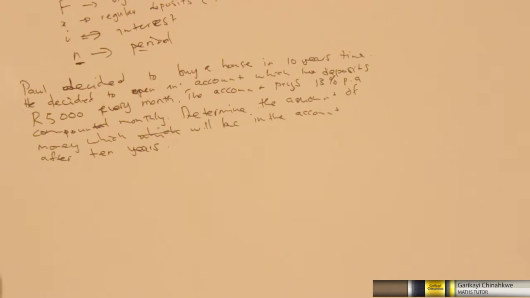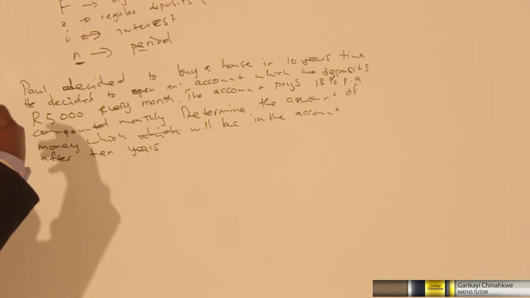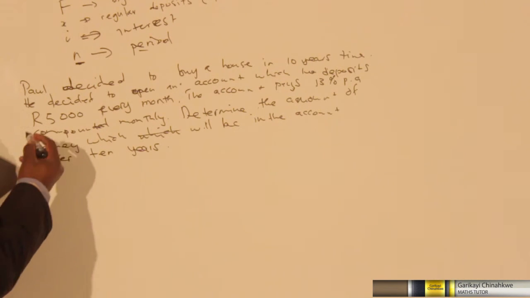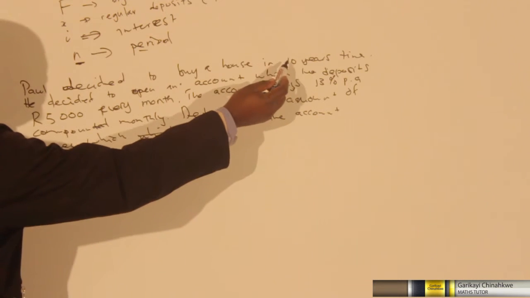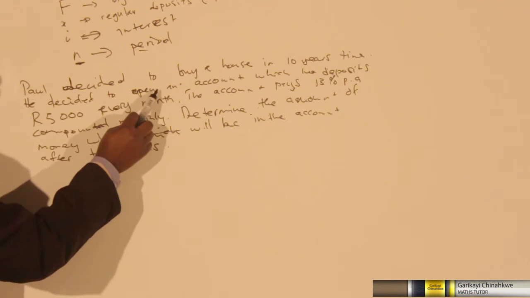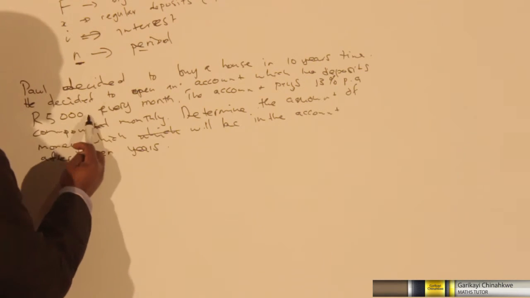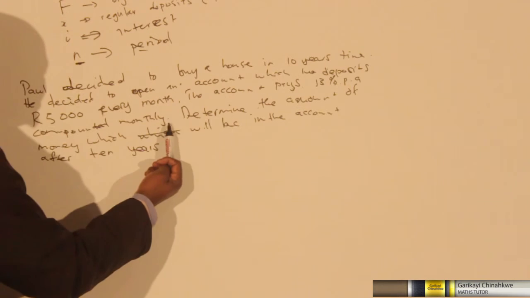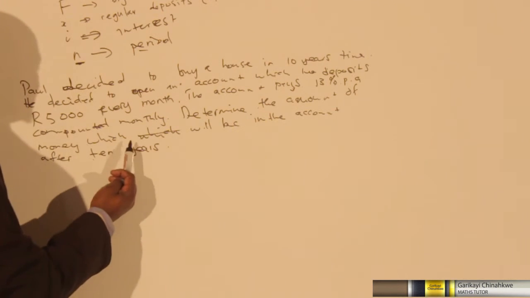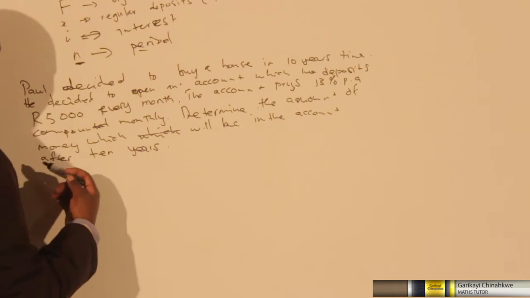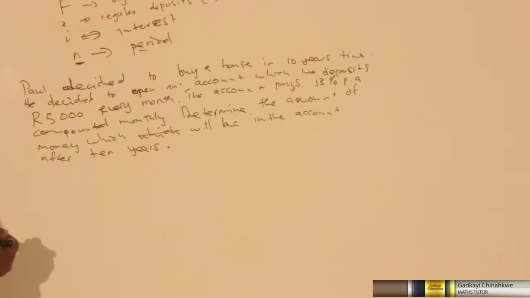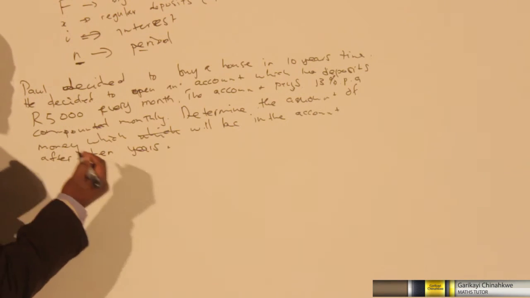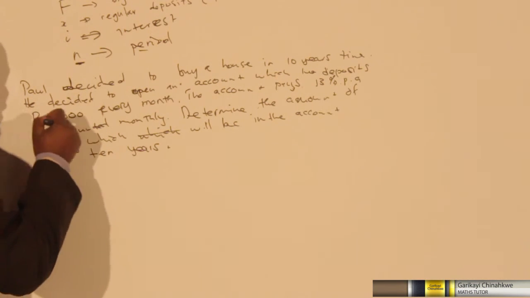So in other words, Paul is going to have a large sum of money after 10 years. Paul decided to buy a house in 10 years' time. He opens an account into which he deposits $5,000 every month. The account pays 13% per annum, compounded monthly. Determine the amount of money which will be in the account after 10 years. So Paul is depositing 5,000 every month.